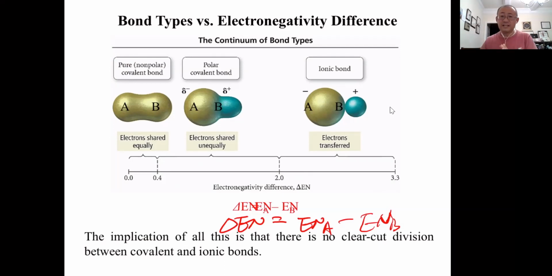But if the electron activity difference is too big, greater than 2, then sharing won't happen. The atom with greater electron activity will completely take the electrons away, a transfer of electrons, and we get an ionic bond. So this is the bond type versus electron activity difference. It matters how big the difference is.